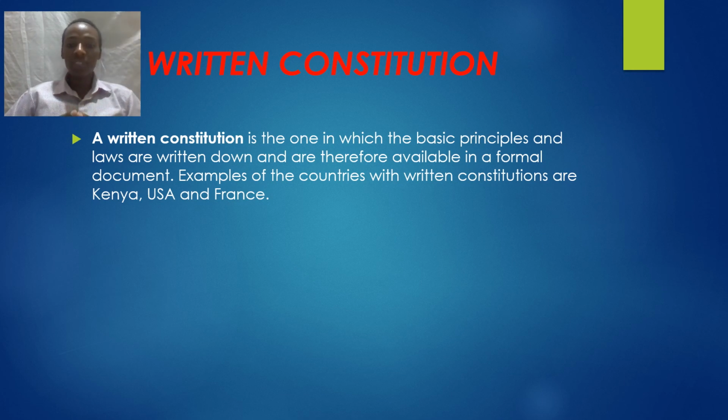Examples of countries with written constitutions are, in our case, Kenya. The USA, the United States of America, also has a written constitution. France also has a written constitution. And most of our neighboring countries like Tanzania also have a written constitution.